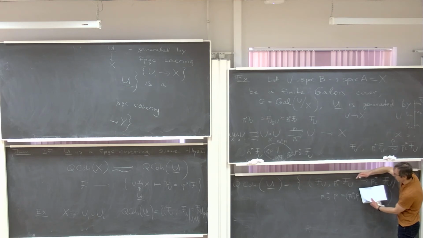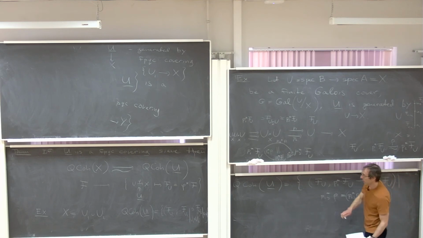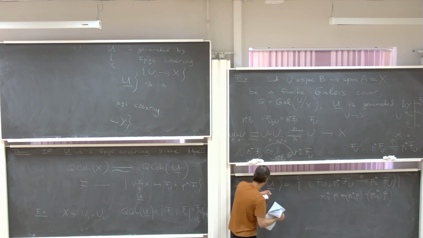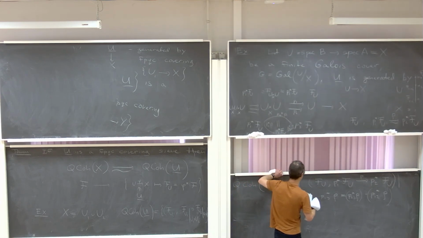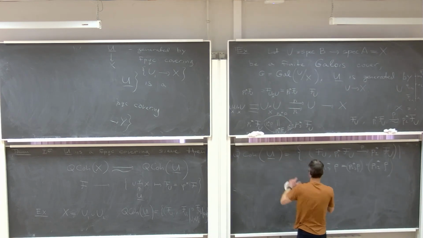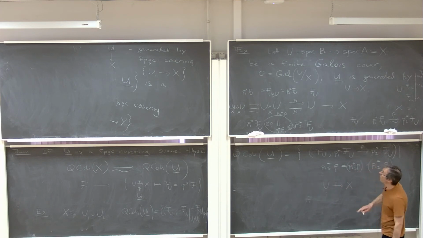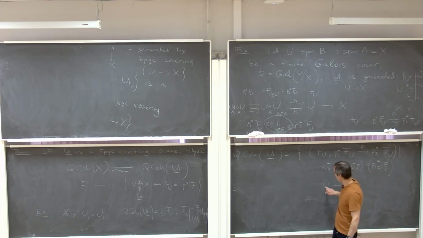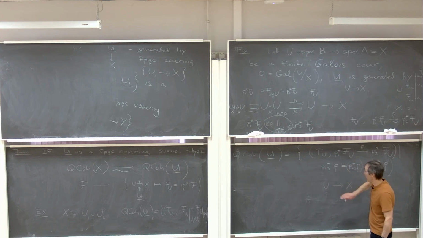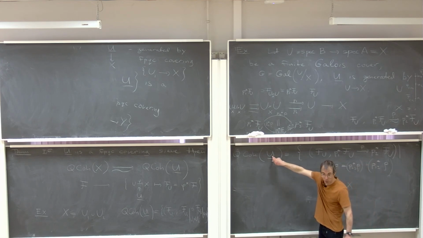So I will explain how, given this datum, you can construct an object here. So the construction is simple. Suppose we have U, we have X, and we have any object of our sieve generated by this guy. So what is an object of this sieve?